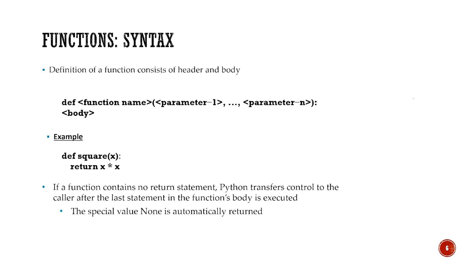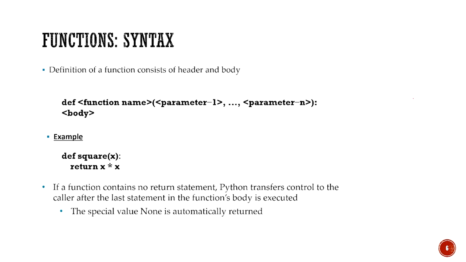Now, the syntax of functions in Python. Definition of function consists of header and body, just like loops. We use def. It's a reserved word, so its color is green. And then the function name, it's arbitrary, whatever you want to call your function. And then input parameters.